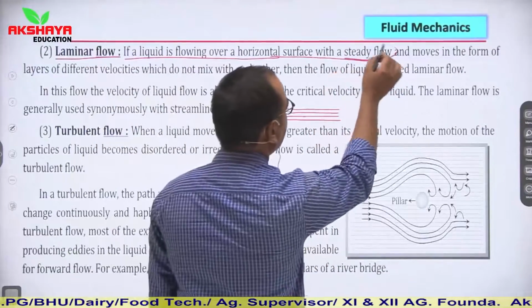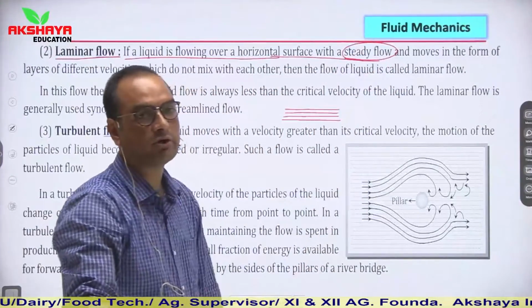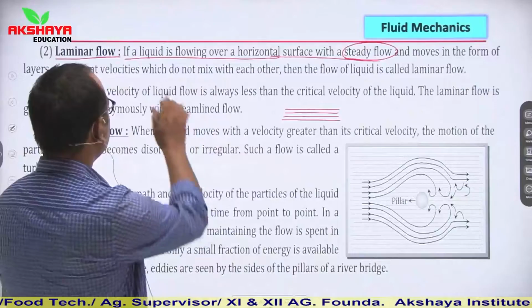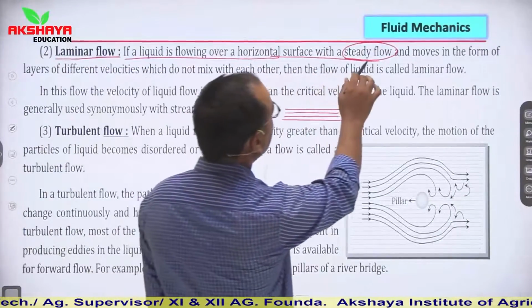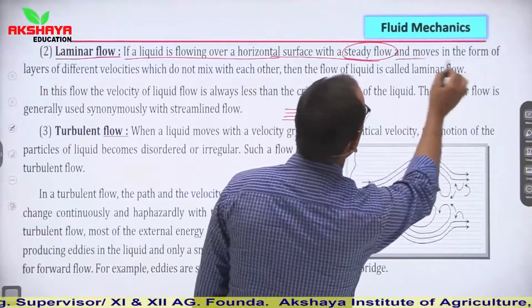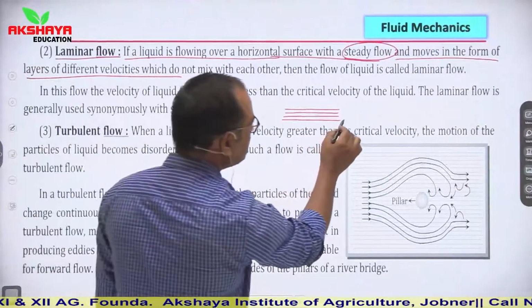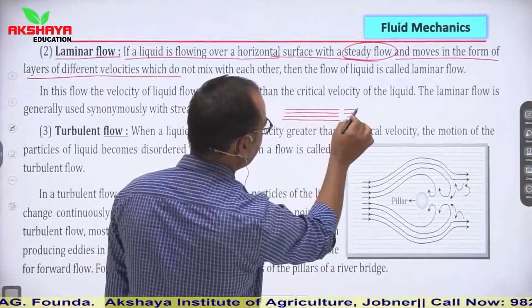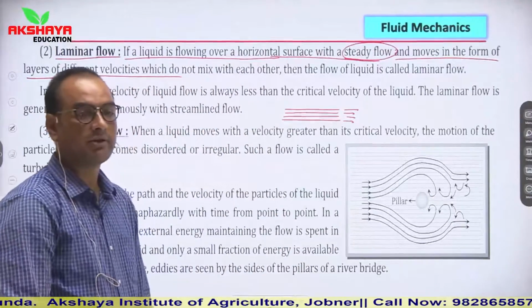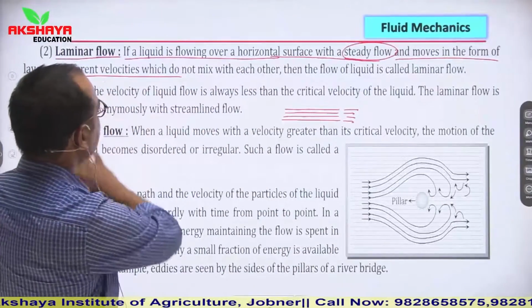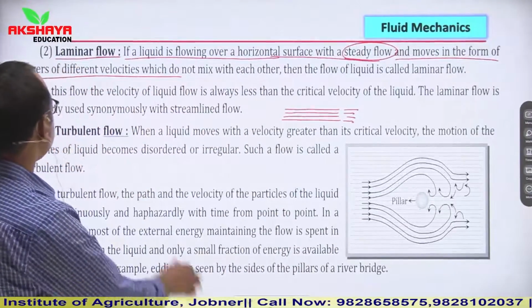So see here, steady flow is used, so you can say steady flow or you can say streamline flow. So if a liquid is flowing over a horizontal surface with a steady flow and moves in the form of layers of different velocities, so all these layers may have different velocities, such flow is known as laminar flow.